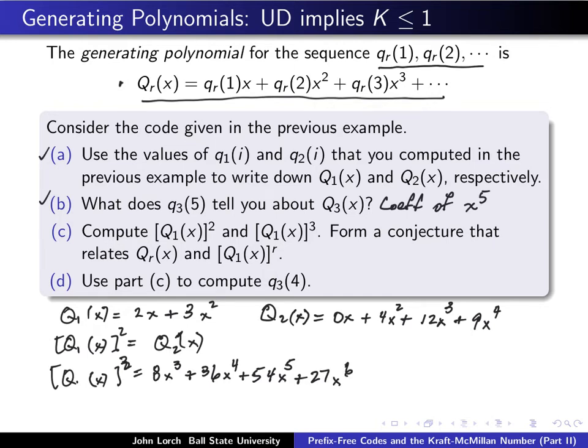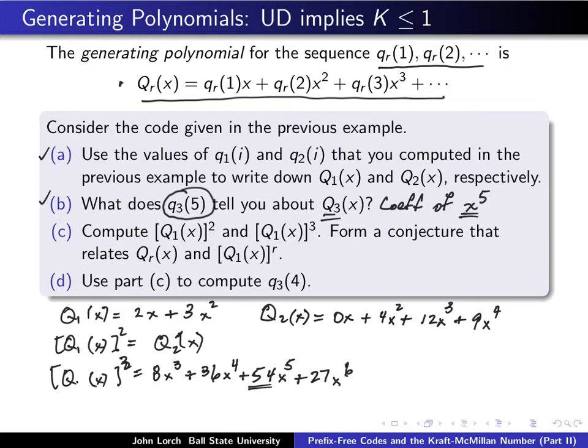So you might be wondering, well, is capital Q sub 3 the cube of capital Q sub 1? Well, notice in part B, we determined that little q sub 3 of 5 should be the coefficient of x to the 5th inside of capital Q 3 of x. So I look down here, notice that when I cube q sub 1, I get a polynomial where the coefficient of x to the 5th is equal to 54.